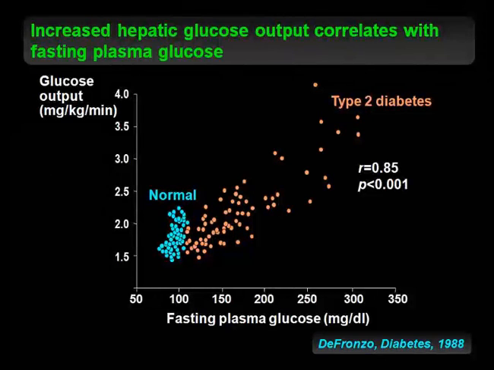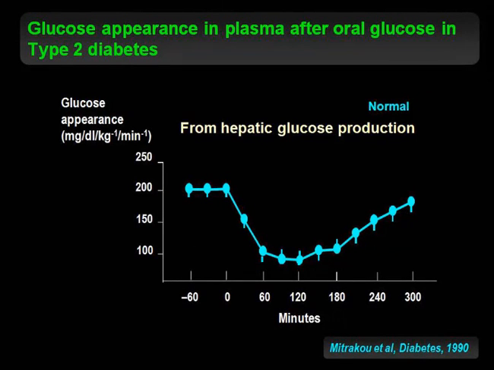It's not often as well understood, however, that that's also true about the fed state. The major reason that glucose levels go up, of course, is that glucose is delivered into the circulation in the fed state from the gut. But what happens is that that fails to suppress at the liver.